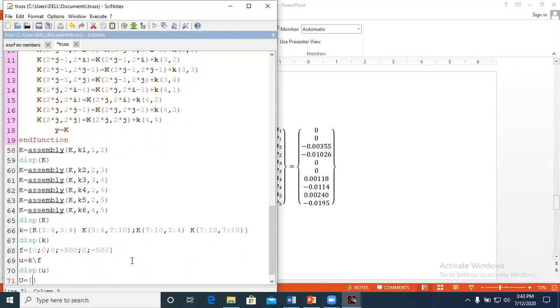in matrix form 0, colon 0, next U, it is not u. How will it be written?